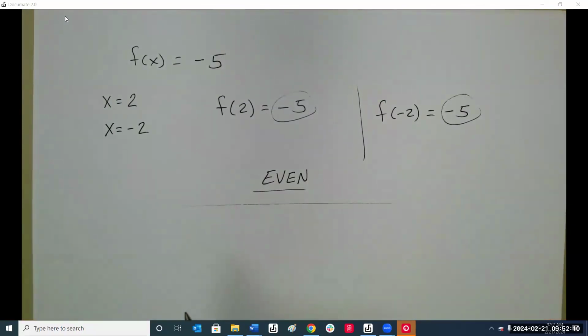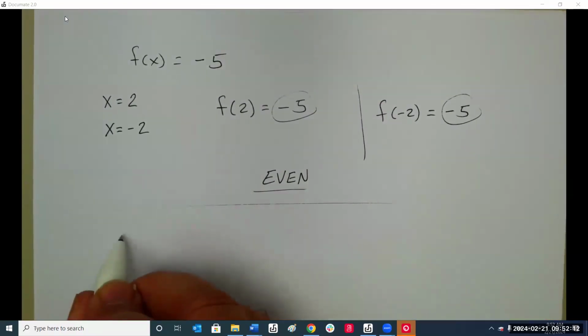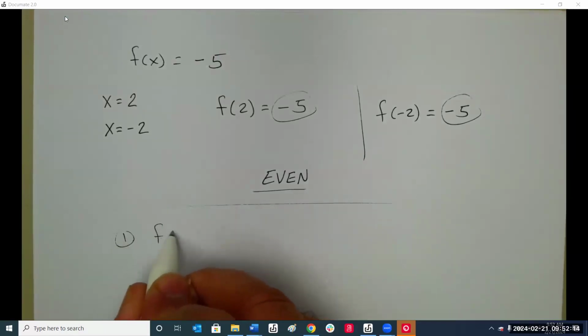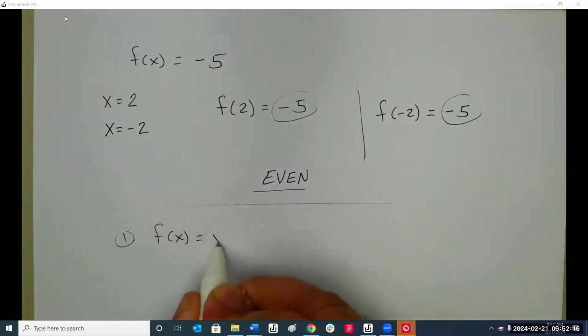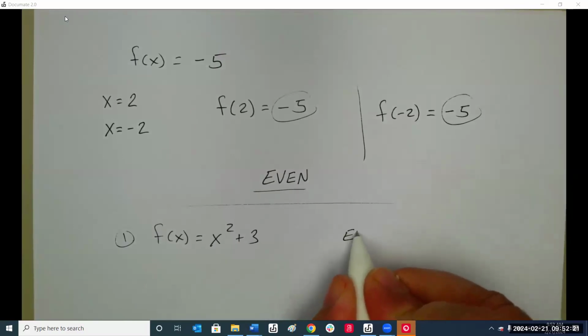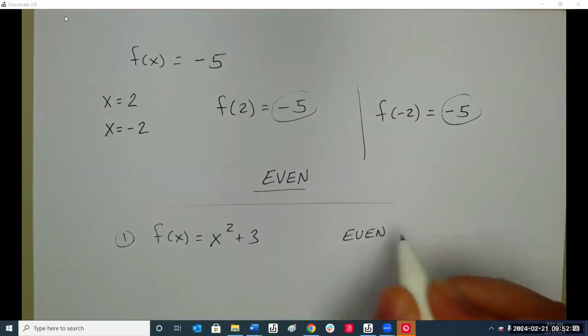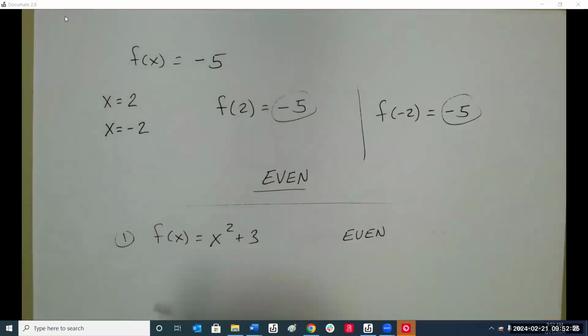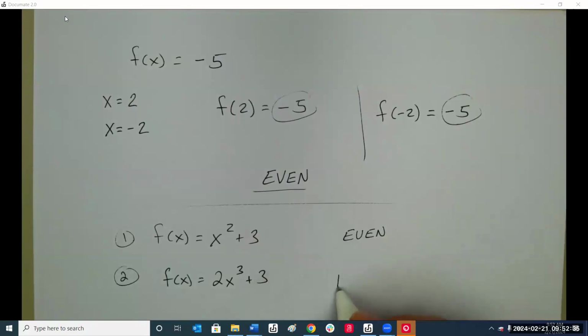All right, let's look at those that we've just seen. The first one was f of x, x squared plus 3, and that was even. The second one was f of x, 2x cubed plus 3. That was neither.